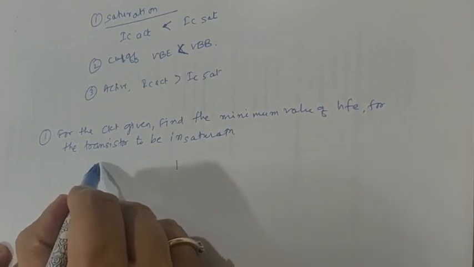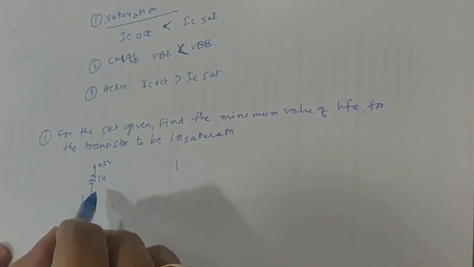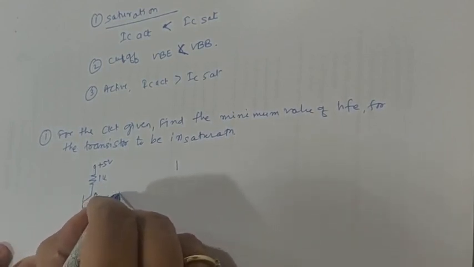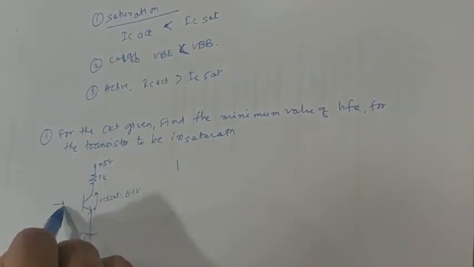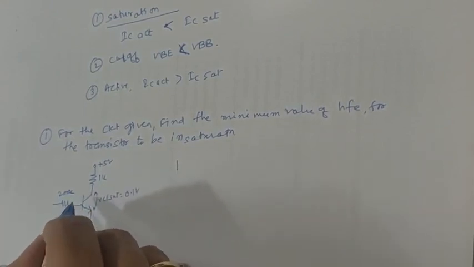This is your plus VCC given to be plus 5 volts. RC is 1 kilo ohm. Then the value of VCE sat is given, and that is 0.1 volt. Then RB is given 200k.